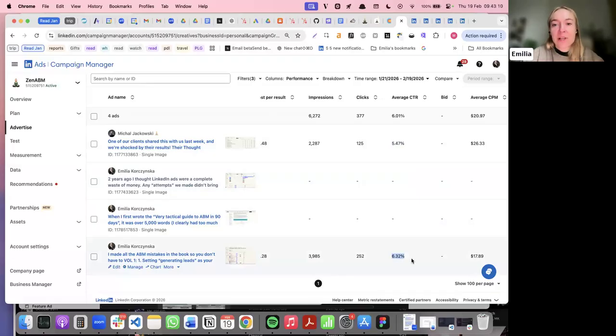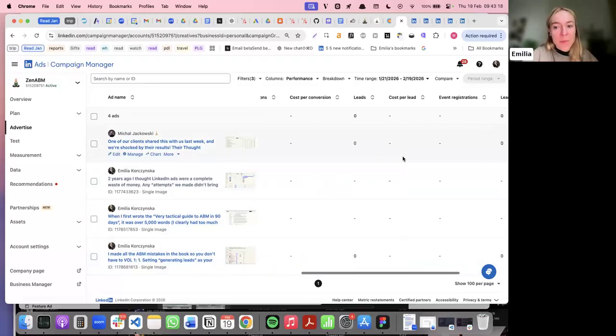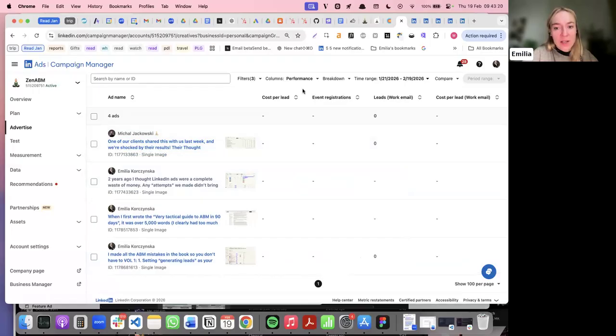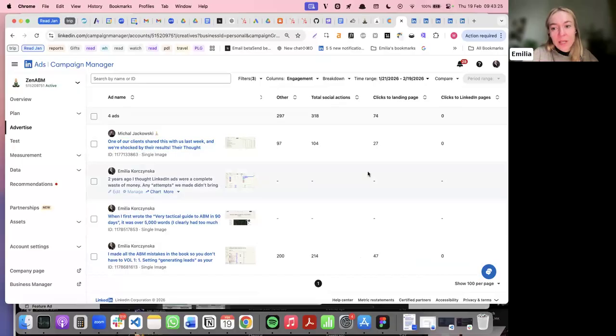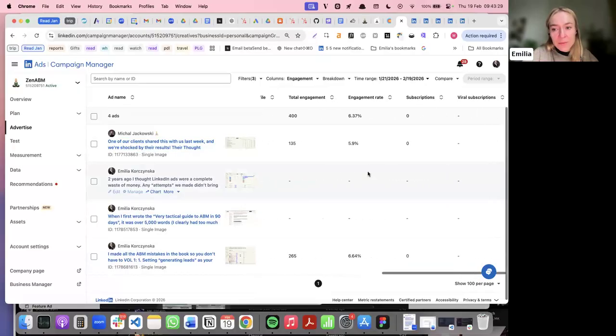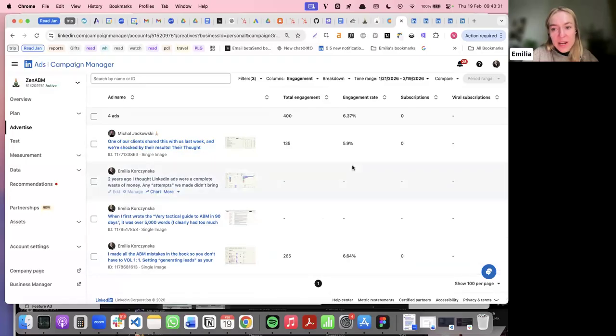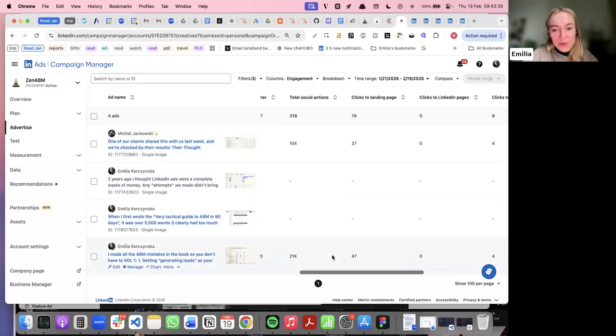I would say the best-in-class TLAs are getting like a 10% CTR. And it doesn't mean, again, that people are clicking to your landing page. As you remember, clicks to the landing page can be seen in the engagement column set. So here, this is the engagement rate as well. But clicks to landing page, unfortunately, there were none on this post.